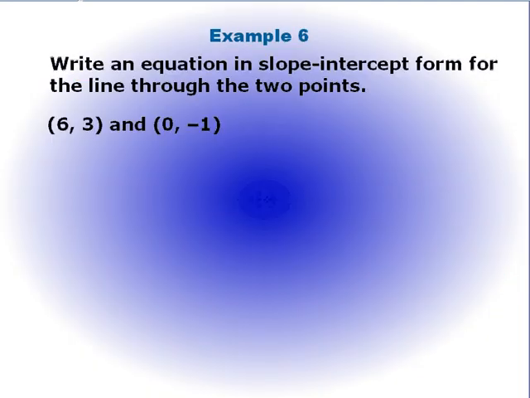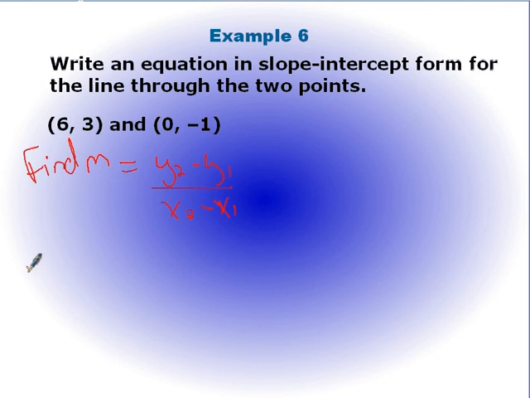Write an equation in slope-intercept form for the line through 2 points. I'm going to let you try this on your own. The first thing you want to do is find m, and m is y2 minus y1 over x2 minus x1.